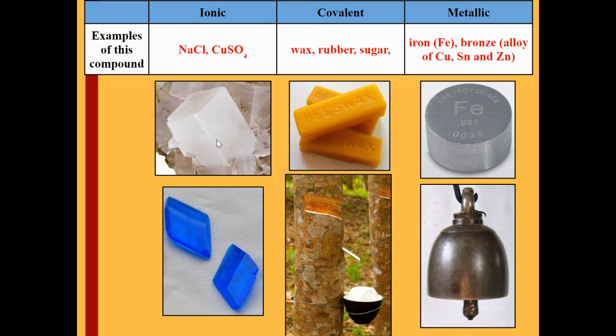Many of them come from natural sources, just like we find some of our crystals. But these are all things with low melting points that are pretty soft in terms of their solid structure. And then finally, we have our metals: iron, and bronze, which is an alloy of copper, tin, and zinc.